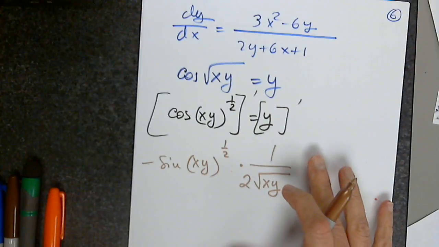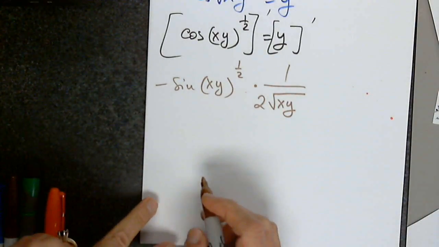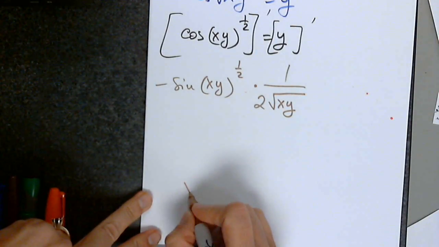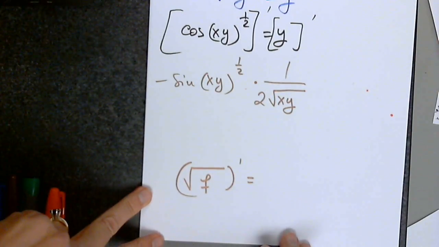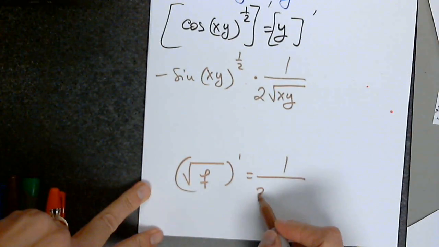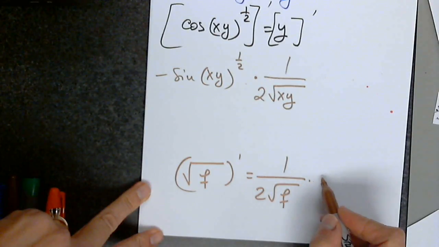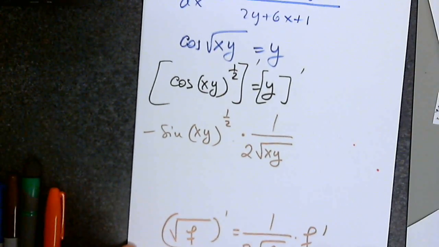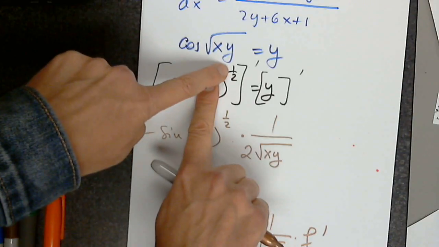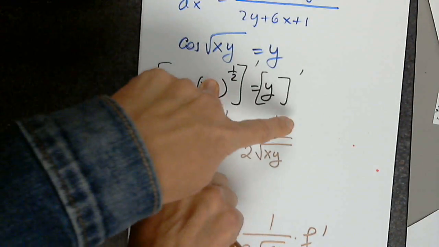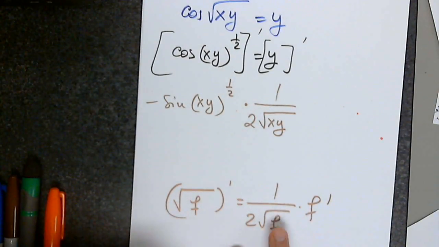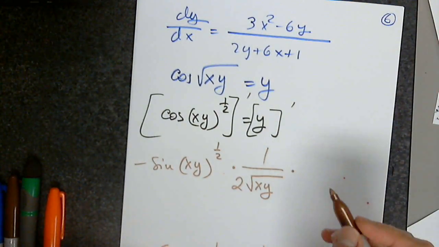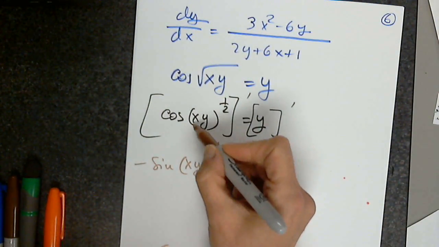So let's stop here for a moment. I didn't finish, so I'm going right here. So if I have the square root of a function, prime, then I have 1/2 the square root of the function times the function prime. So it's 1/2 times this. This is the function, right? And now times the inner function prime.